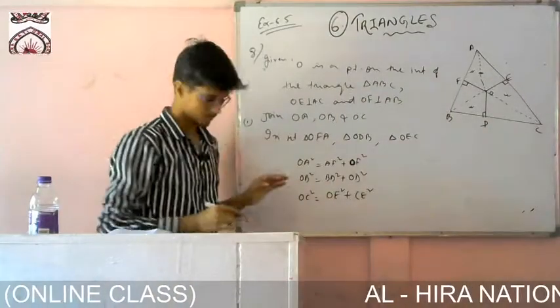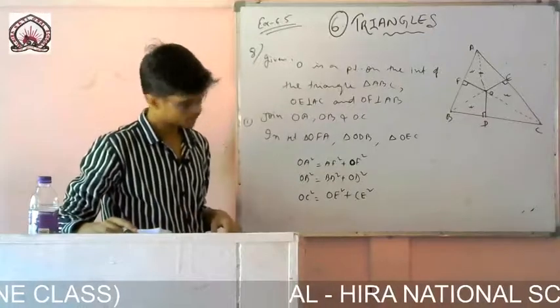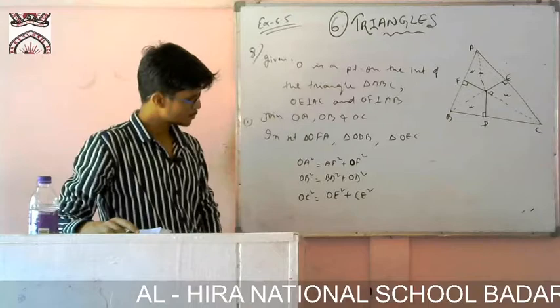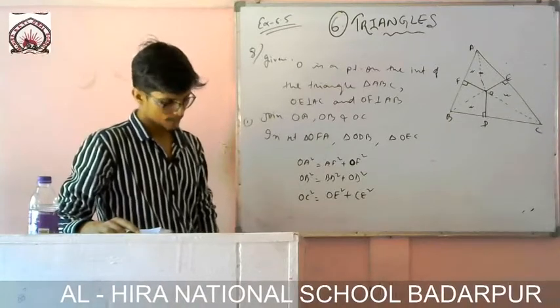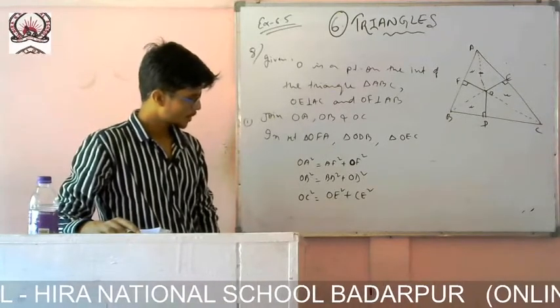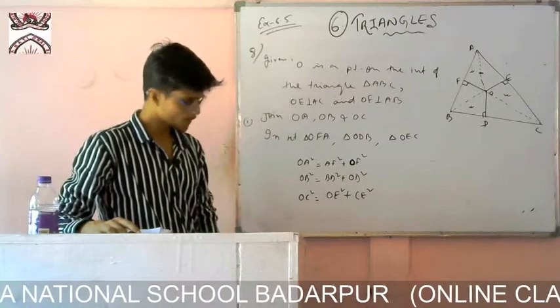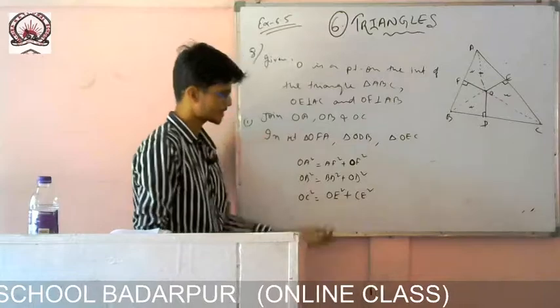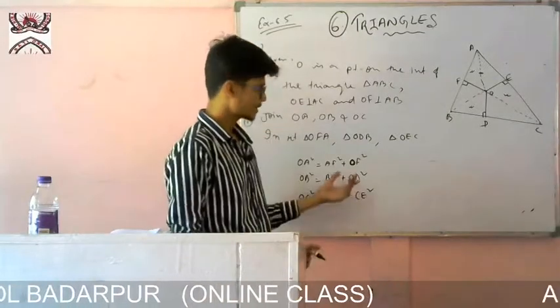You see, once the arrangement is okay: OA square equals AF square plus OF square, OB square equals BD square plus OD square, and OC square equals OE square plus CE square. So these are the three equations.